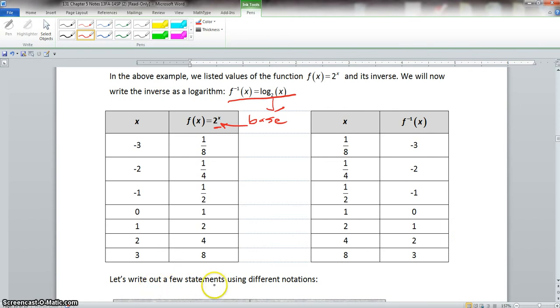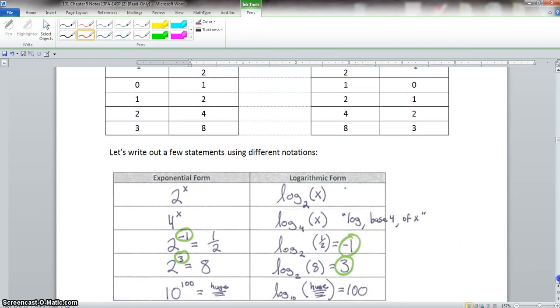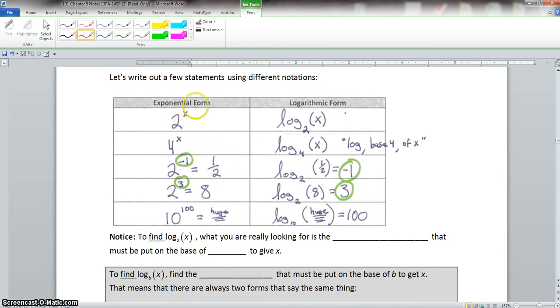Now it says, let's write out a few statements using different notations. Now we have exponential form, which is 2 to the x, 4 to the x, 2 to the -1, 2 to the third, and 10 to the 100. These are just values that were made up.